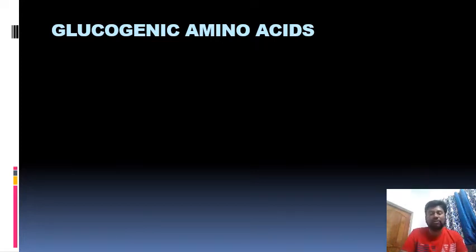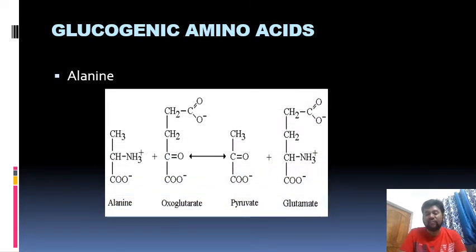But among all those amino acids, the most commonly used amino acid for gluconeogenesis is alanine. So how this is converted to a glycolytic intermediate is by a process called transamination reaction. In this transamination reaction, from alanine, the amino group will be transferred to alpha ketoglutarate.